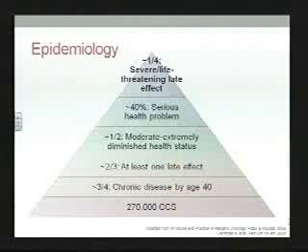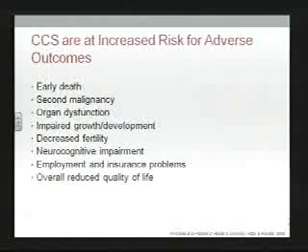And then the tip of the iceberg here, 1 out of 4 will have a severe or life-threatening late effect. We talked about the fact that there are risks for secondary cancers, organ dysfunction, but also growth and developmental problems, fertility issues, neurocognitive issues, as well as in the psychosocial realm, so employment, insurance problems, and reduced quality of life.